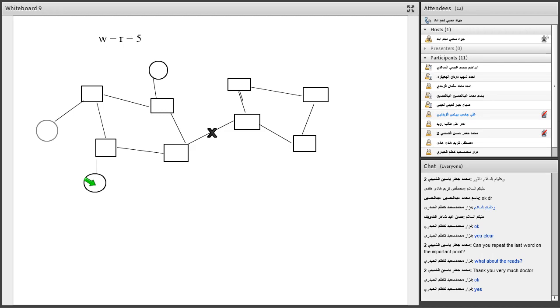So in this state, we can get W equal to 5 because the request is sent to these 4 and these 3 nodes. The number of nodes is 7, and after repairing this connection, the data should be sent from the circle nodes to the nodes which are in the other part of the network. I know that.